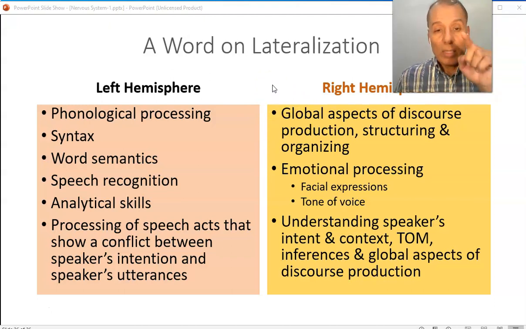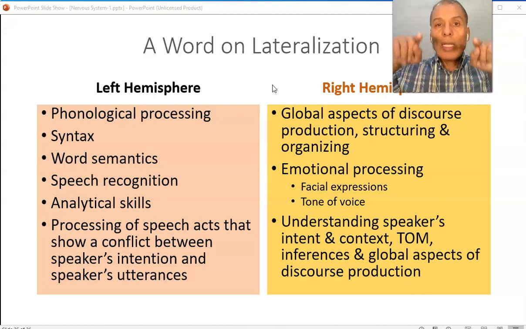One last thing that is not mentioned here that you need to take note of: before age 1 year and a half, before 18 months of age, both hemispheres can process all aspects of language.